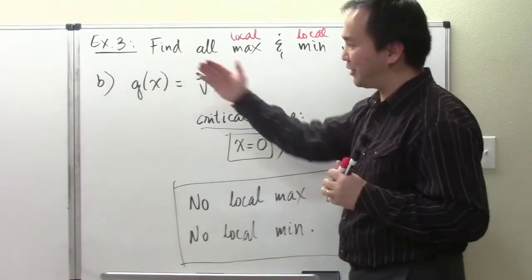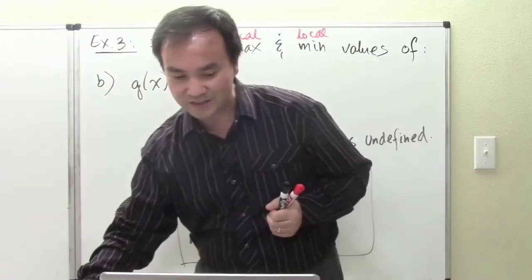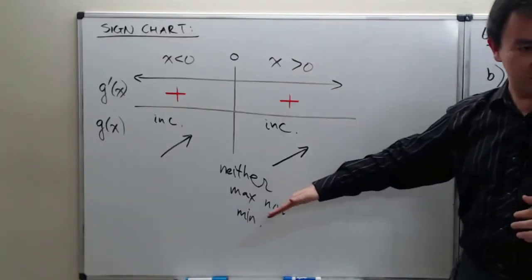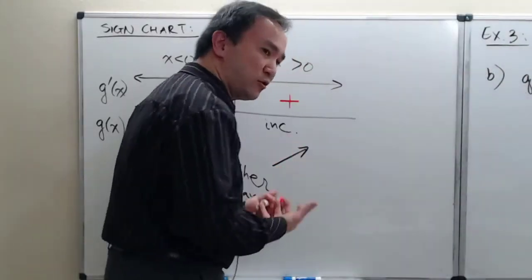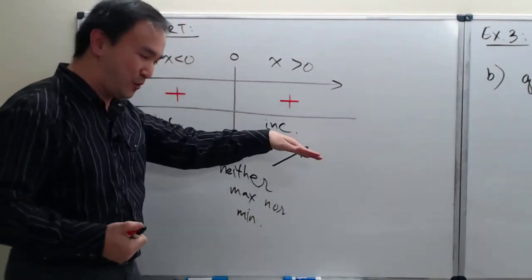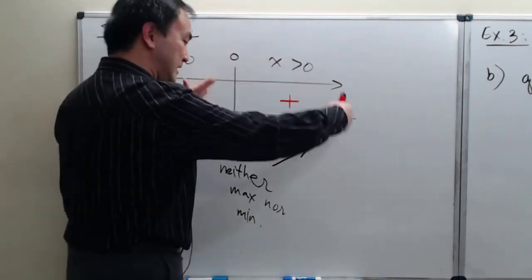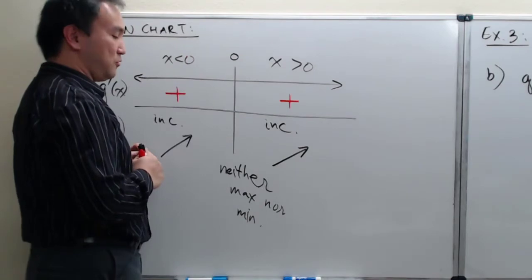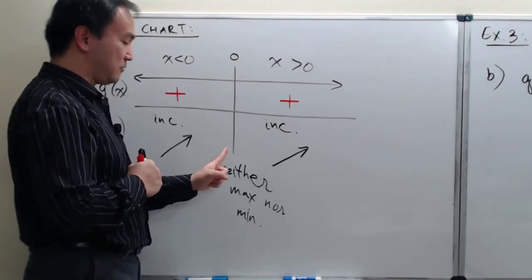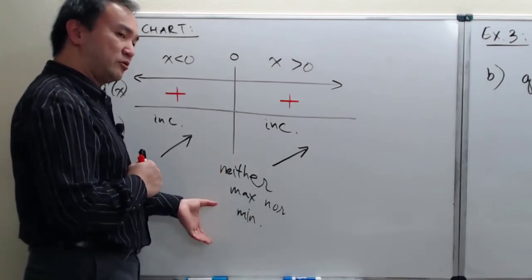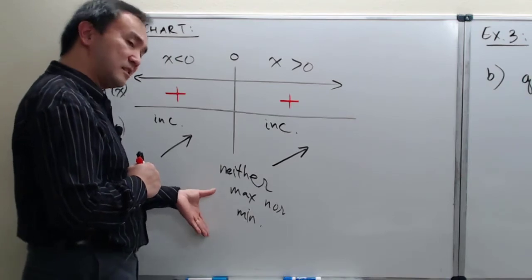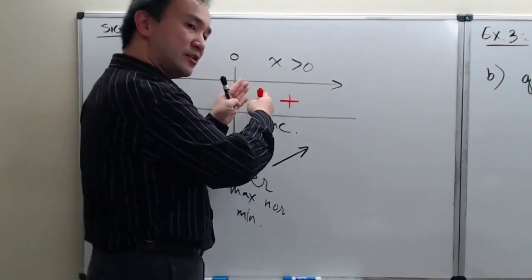And by the way, recall the entire process where we used the sign chart. It was a long process I built for my viewers from example 1 up until this point. But the whole idea of using the table to test whether our critical value can be a maximum or minimum, or even neither like this, is the first derivative test.